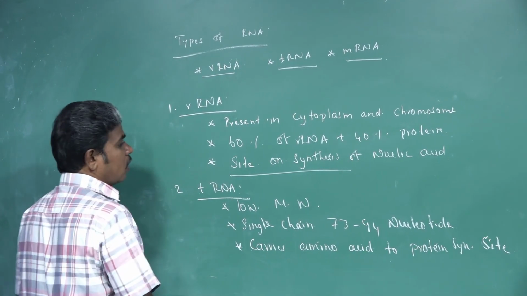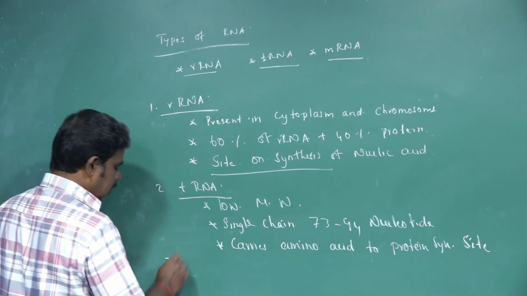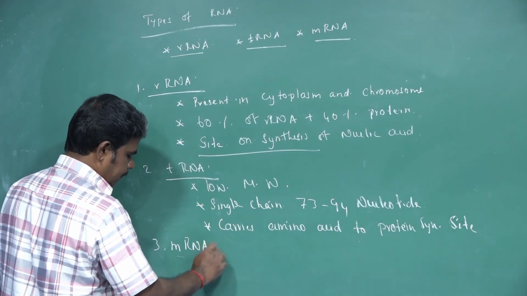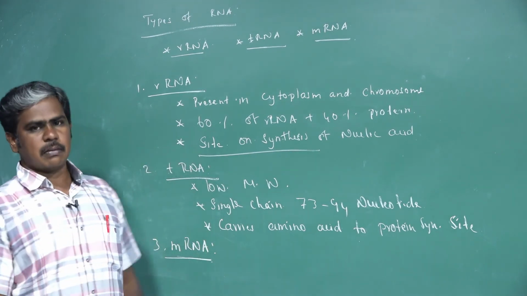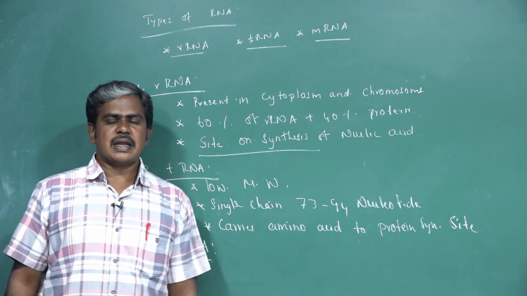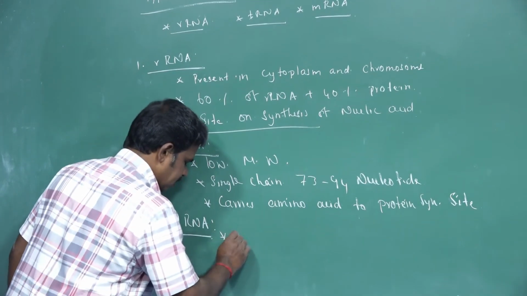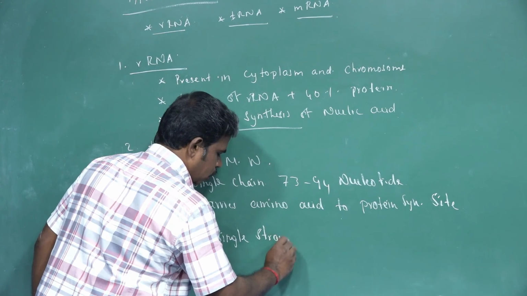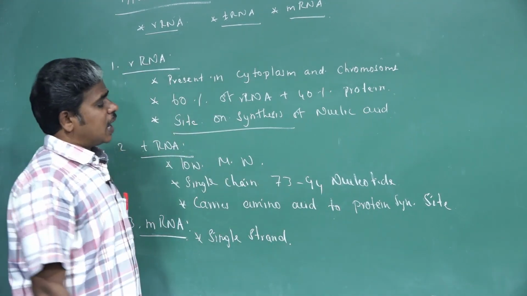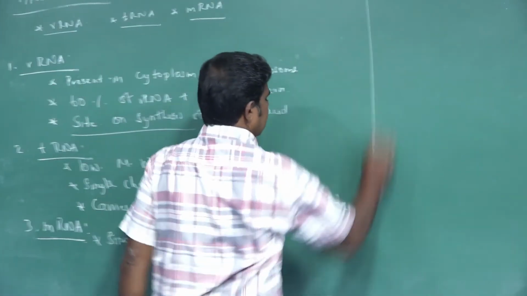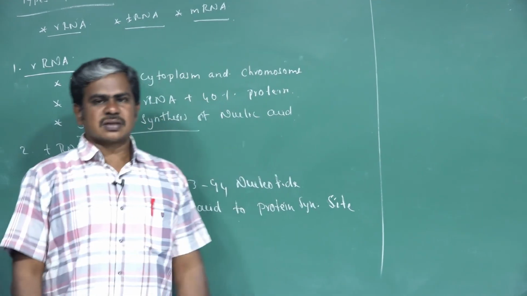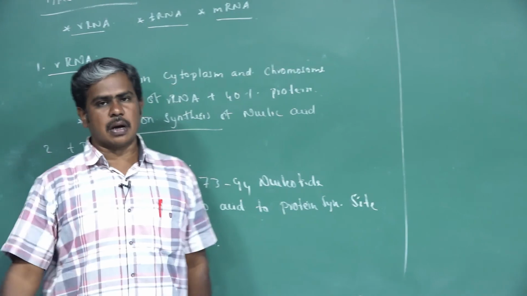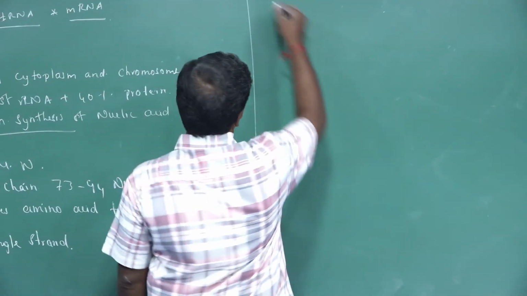Now the third one is mRNA. mRNA is a single strand, and there are two processes, transcription and translation, that are done on the mRNA.